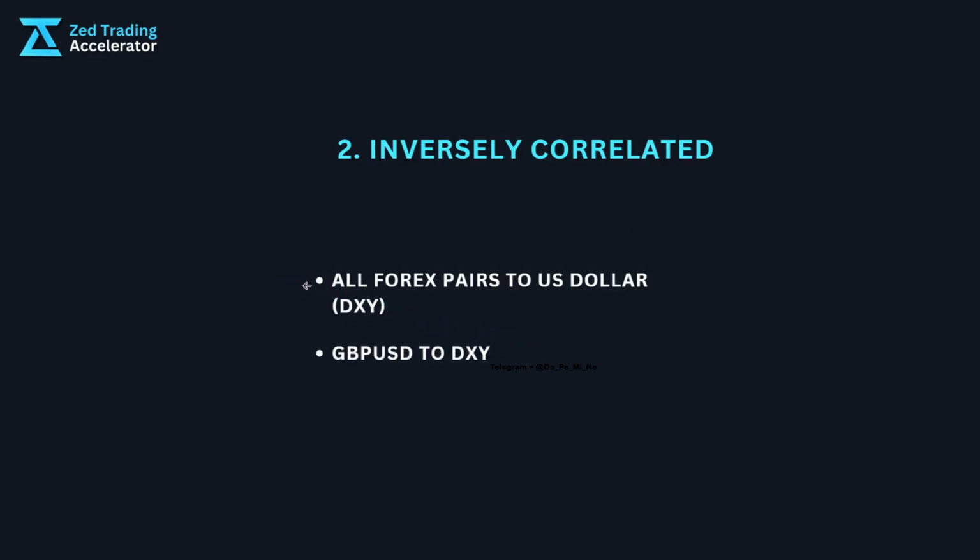Here are only some of the pairs that are inversely correlated with one another. All the forex pairs to US dollar, that means Euro USD, GBP USD to US dollar. Alright? That means if the US dollar is going up, the forex pair should be going down. That is inversely correlated pairs.